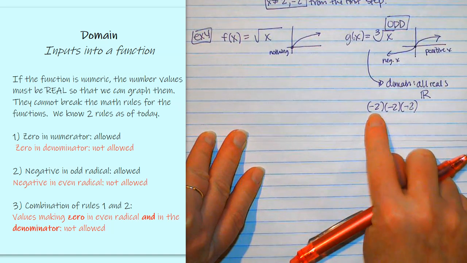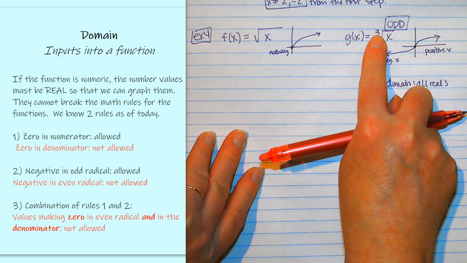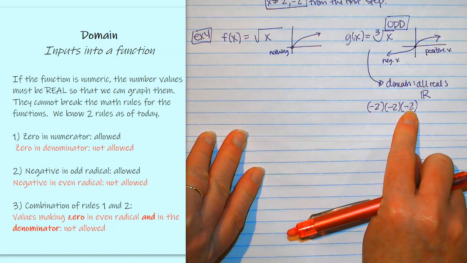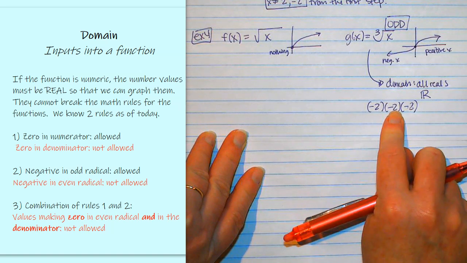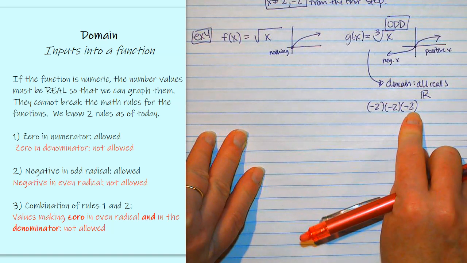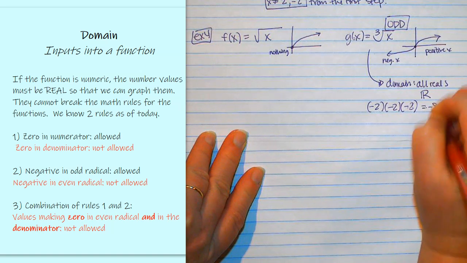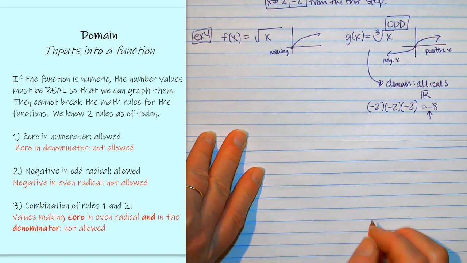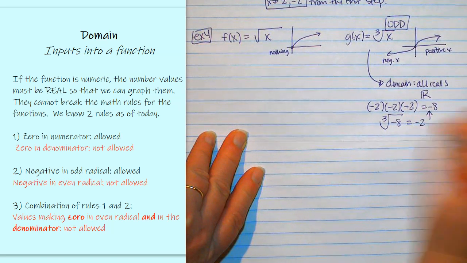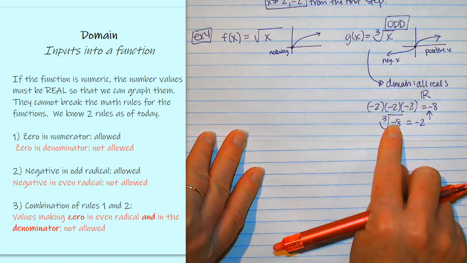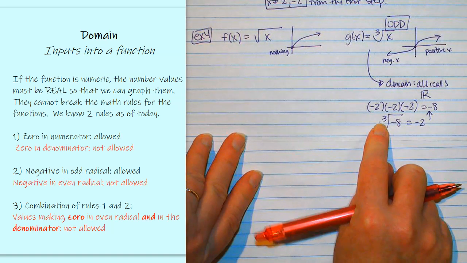If you have an odd number here, like this is the third root, meaning there's 3 of them, you end up with a negative value. So negative 2 times negative 2 is 4, times another negative 2 is negative 8. So negatives are okay. If you go backwards and take the cube root of negative 8, your answer is negative 2. So negative radicands can have a cube root.